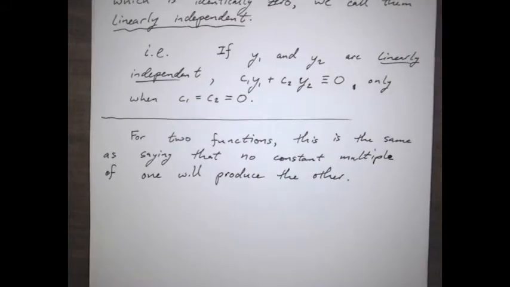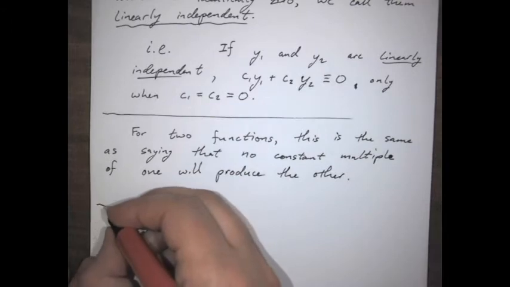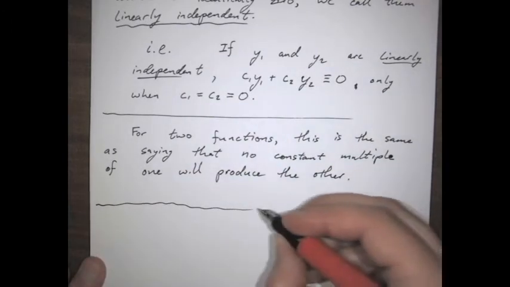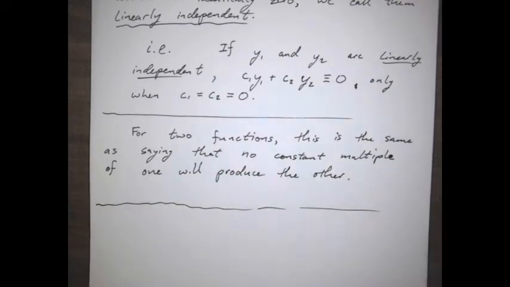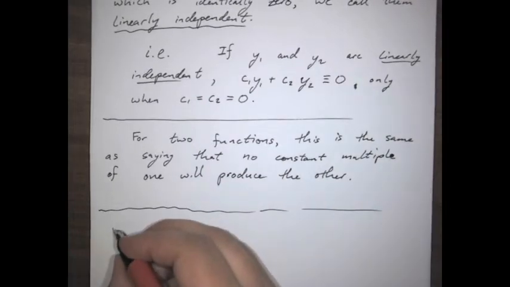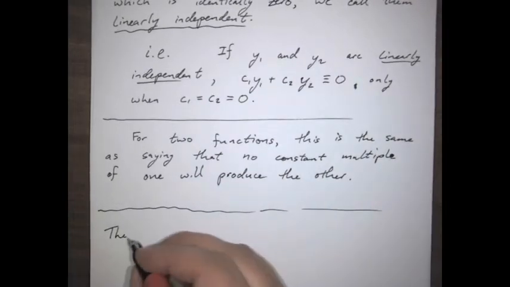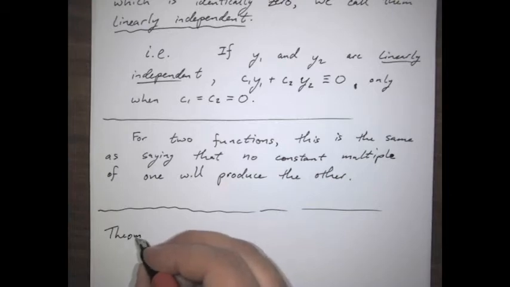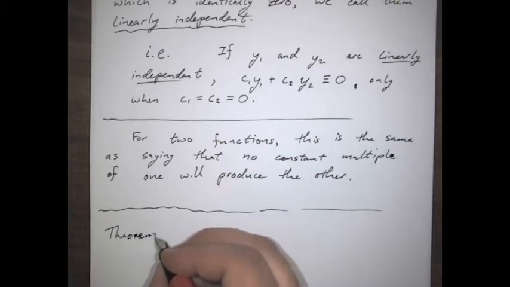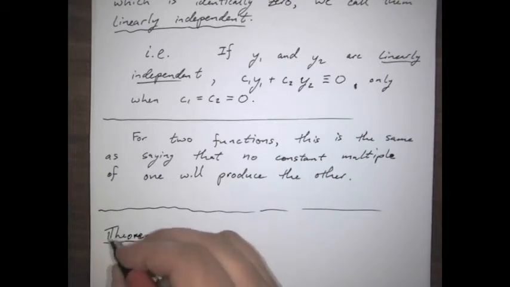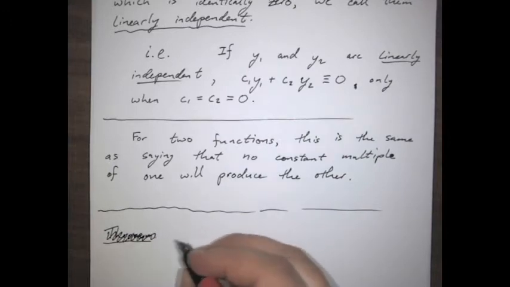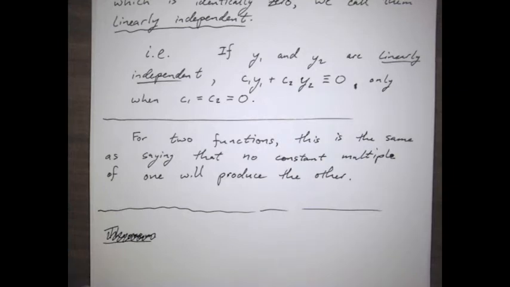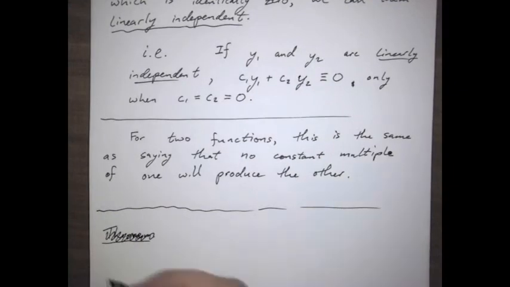Now here is where I'm going with this. There's a theorem that builds on the idea that the solutions to a second order linear homogeneous ordinary differential equation form a subspace.